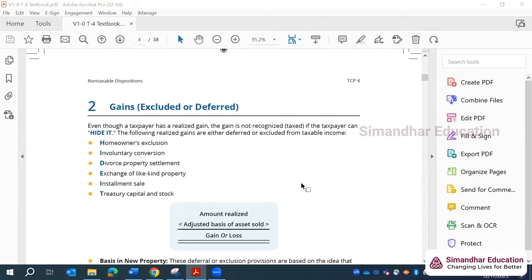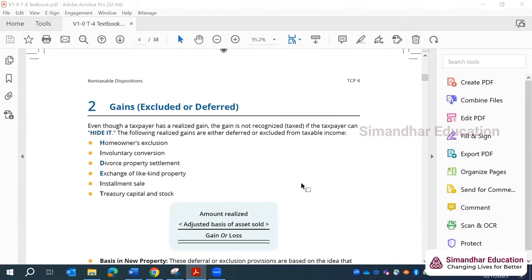Individual taxation is different. Entity taxation is different. So a corporation will have different tax rules. A partnership is going to have a different tax rule. An S corporation is going to have a different tax rule, and an individual is going to have a different tax rule. So the first transaction that we are going to do today, the homeowners exclusion, is a transaction that is specific to individual taxation only.